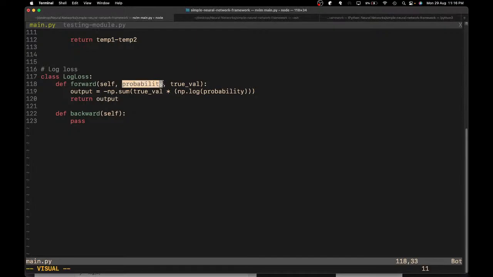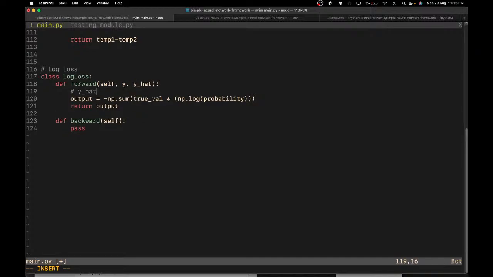So we can just do y and y hat, to keep it a little more mathematical. We can say y is the actual value, actual value sounds better, and y hat the predicted value.